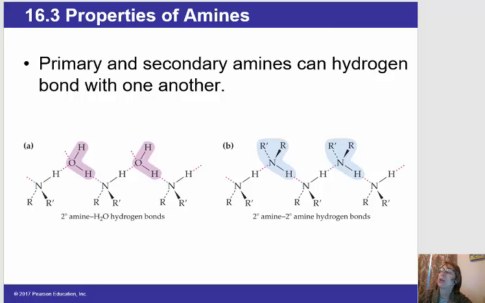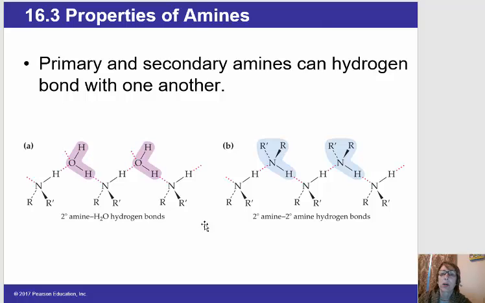And if we look on the slide on the right, we see a graphic of hydrogens on secondary amines hydrogen bonding with other secondary amines, where the red dotted lines indicate the intermolecular force. And on the left, we see an image of a secondary amine hydrogen bonding with water.